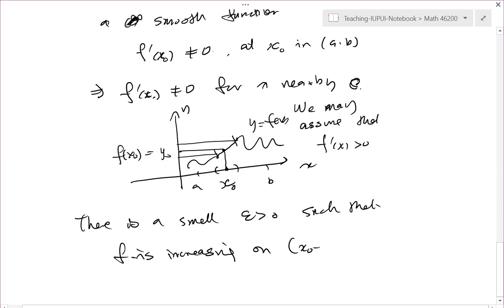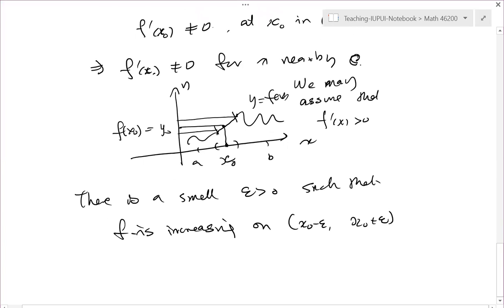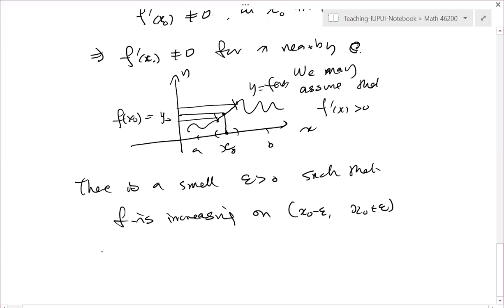So then it's invertible. You can have an inverse, right? Then the inverse exists, okay? So then you can solve.